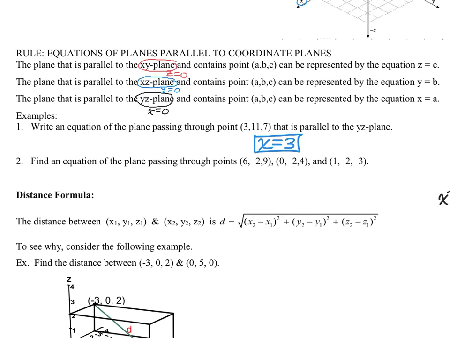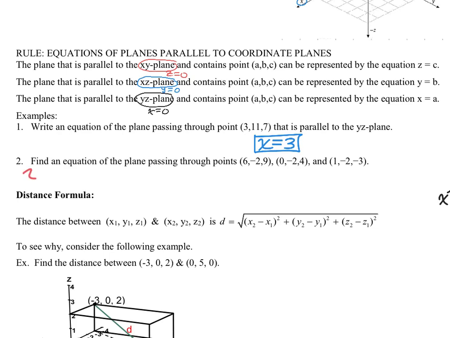looking at number 2, it says find the equation of the plane passing through these points. All right. Now it just so happens that these points have a common -2. So the other values vary. So x and z are allowed to vary, but y is held constant at 2. So I'm actually going to write that, just for note-taking purposes, just so you get a sense of the rationale here.